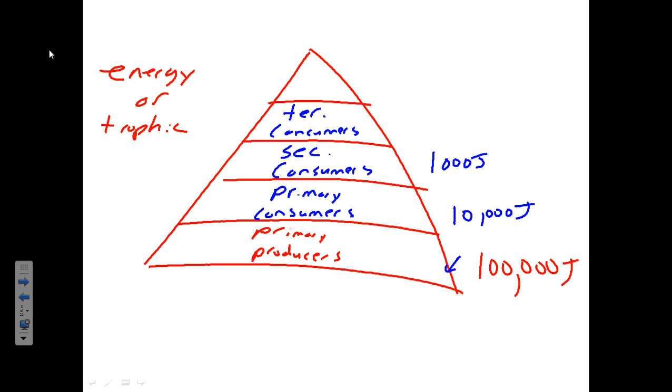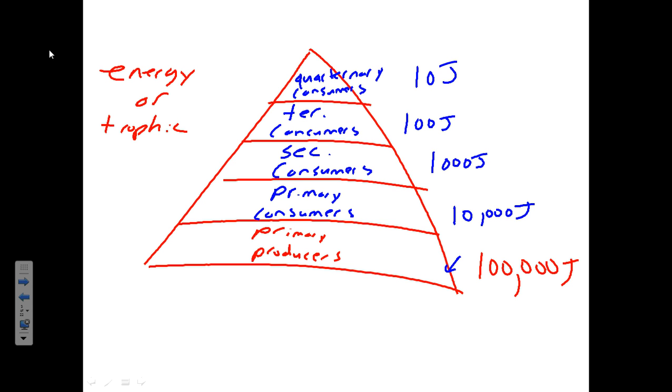About 1/10 of 1,000, which would be 100. And then what's the top level called? Primary, secondary, tertiary, quaternary, like a quarter, quaternary, fourth. It usually doesn't go much further than this. How much energy is available up here? Only 10.